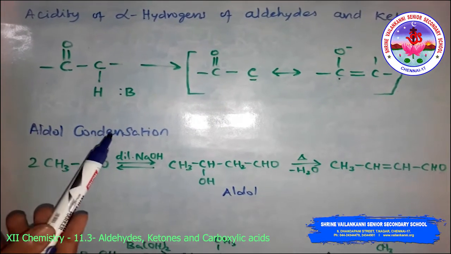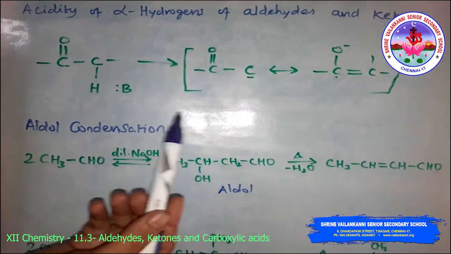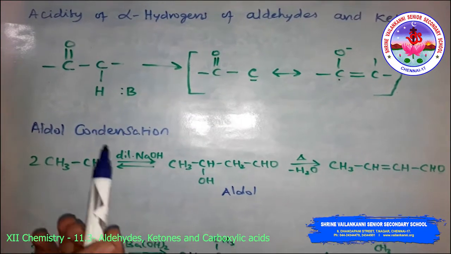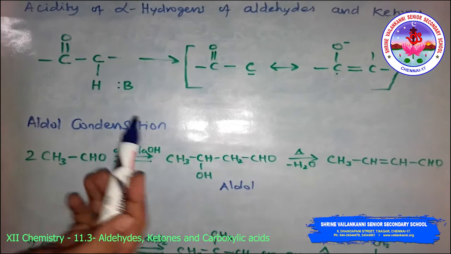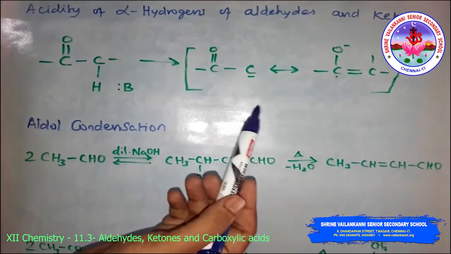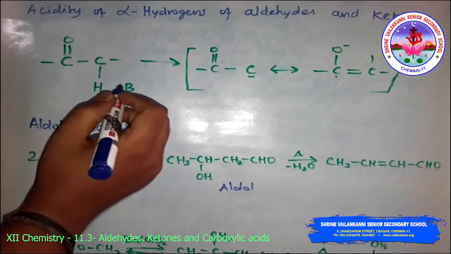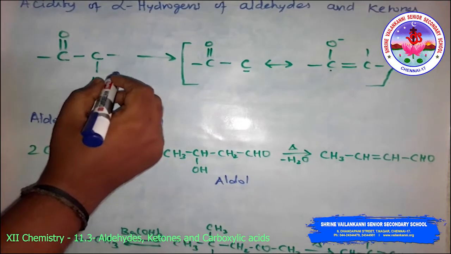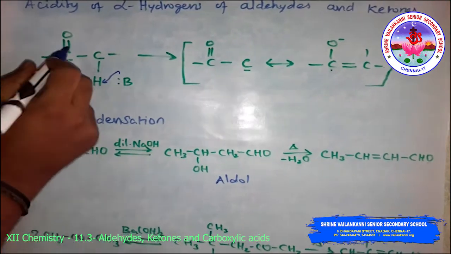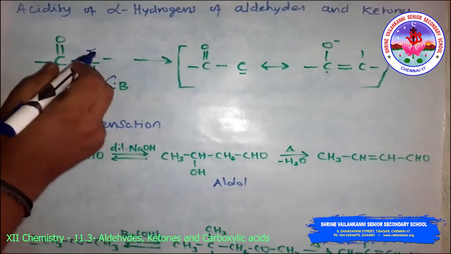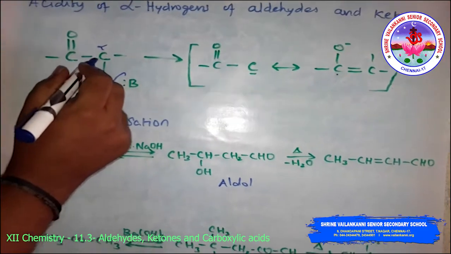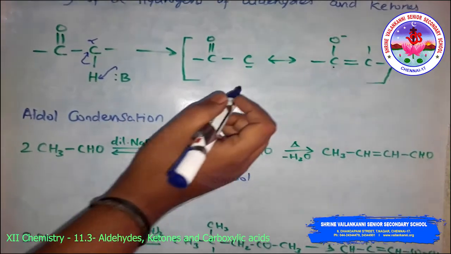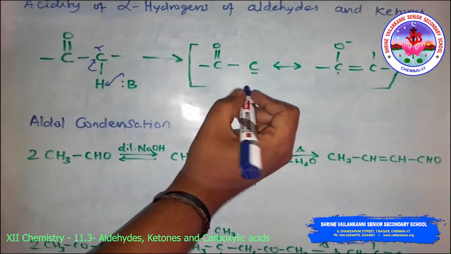The acidity of the alpha hydrogen atoms of the carbonyl compound is due to the strong electron withdrawing effect of the carbonyl group and the resonance stabilization of the conjugate base. Look at this: the base attacks the alpha hydrogen, because the first carbon is the alpha carbon, so this hydrogen is the alpha hydrogen. So it forms a resonance structure like this.